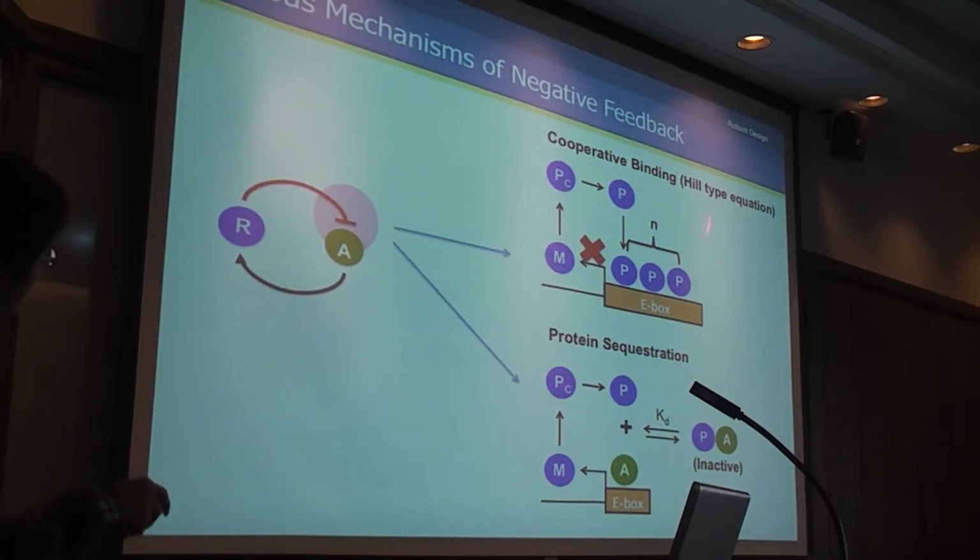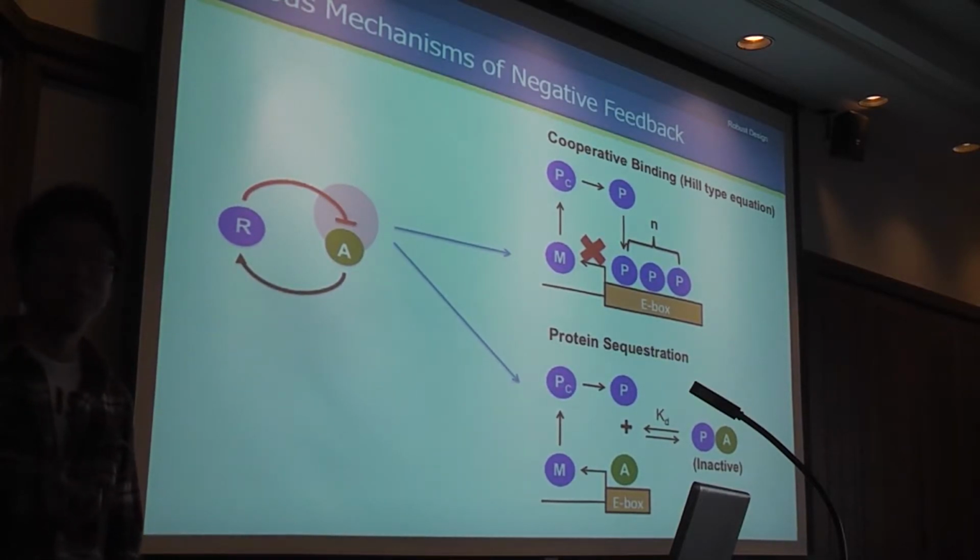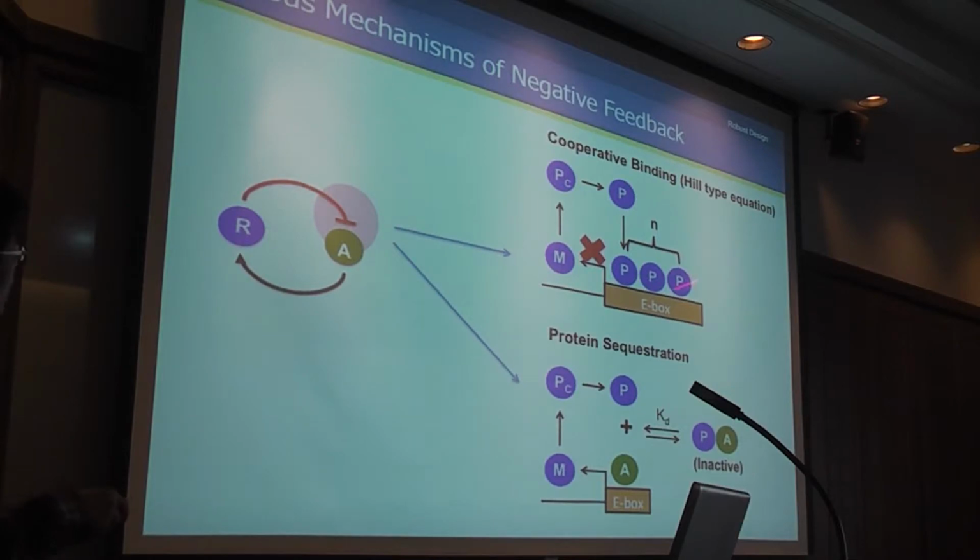How this works is mRNA is transcribed and translated to the protein, and it enters the nucleus and binds to the gene promoter at multiple sites. When this repressor is bound to all of the sites, the transcription is stopped. In this way, we can generate a single negative feedback loop. This number of binding sites we call the Hill type coefficient. And this is one way to generate a negative feedback loop.